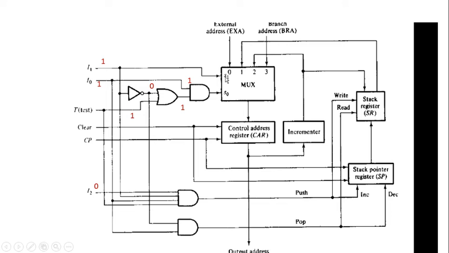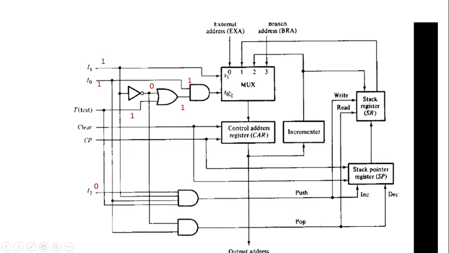So S1 is 1 now. Here it is 1, so one input of the AND operation is 1. The complemented form of I1 is 0, but the test input is 1, so this OR operation generates 1 as the output. So this AND gate has 1 as its input, so the S0 value is also 1. So this is the case 1 1 here.